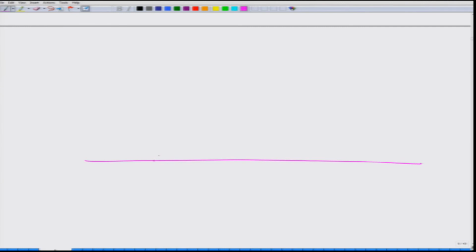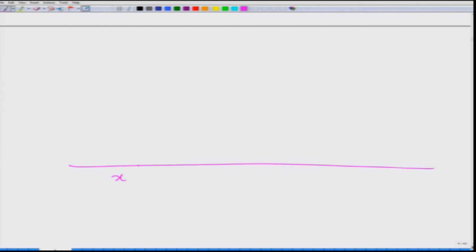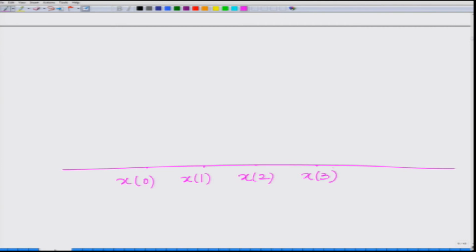So let us have here, what I am going to draw is the time axis with x0, x1, x2, x3, and let us say this is your x0, this is your x1, this is your x2, and this is your x3.